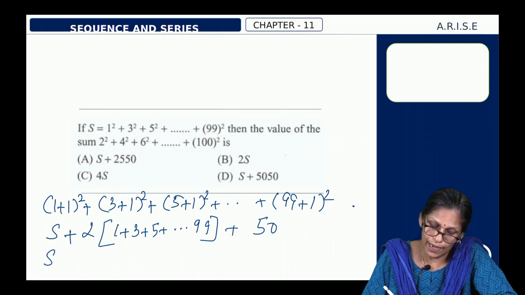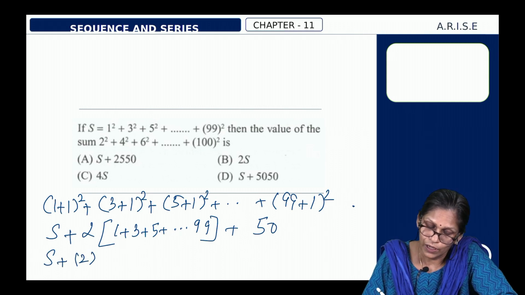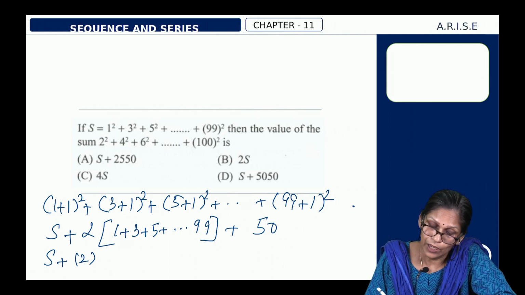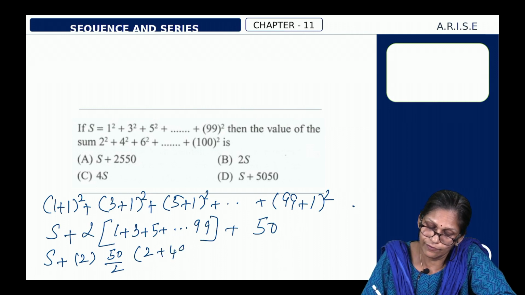So, this is S plus 2 into, look at the term within the bracket, isn't it an AP with how many terms? 50 terms. So, n by 2 into 2a plus n minus 1 d, that is 50 by 2 into 2 into 1 plus 49 into 2, plus this 50 here.